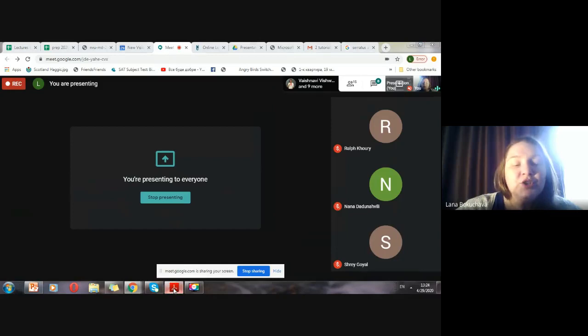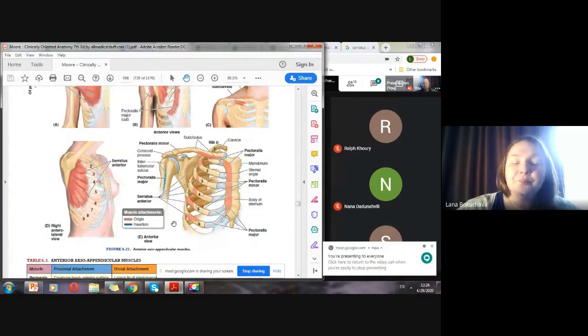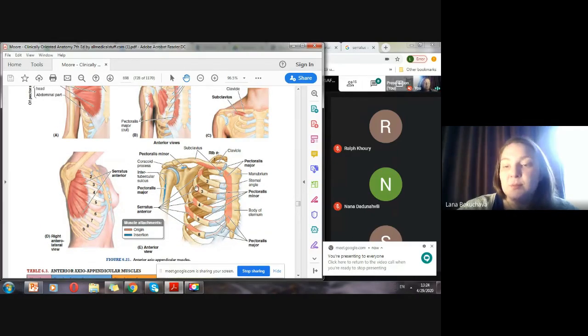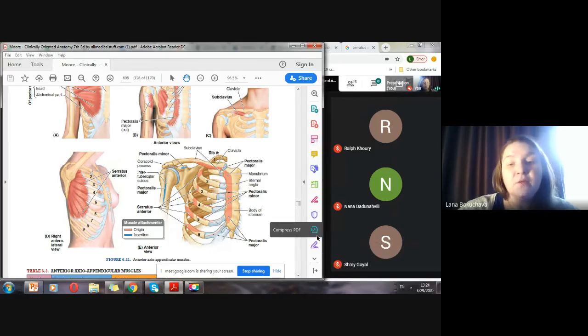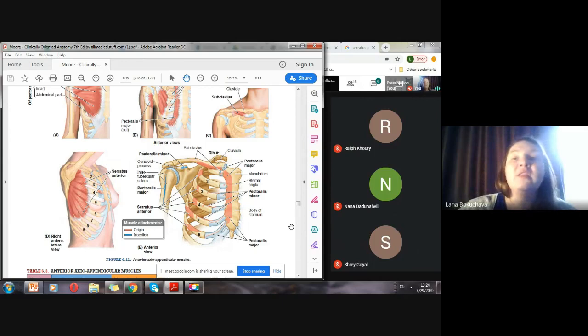The next portion, what we see here is, what could be the action of that muscle? It's also a large muscle, as well as the pectoralis major, and as a result, it will be producing the movement of the shoulder girdle. But how and where? Sure, directly acting on the scapula.